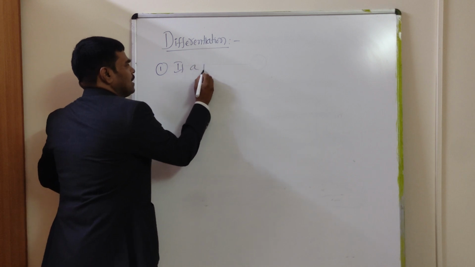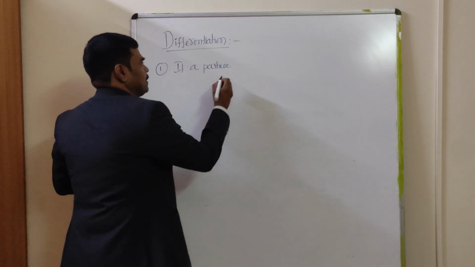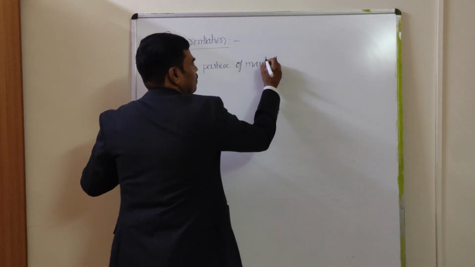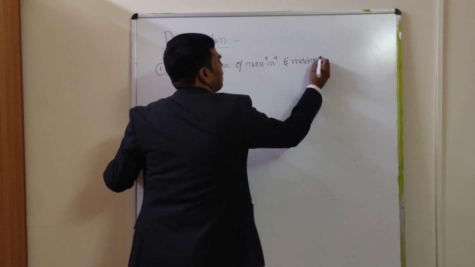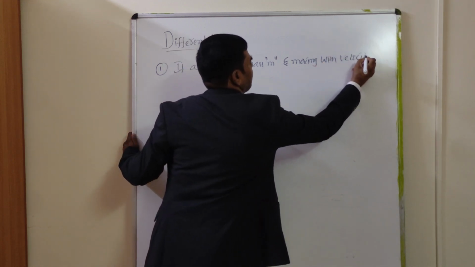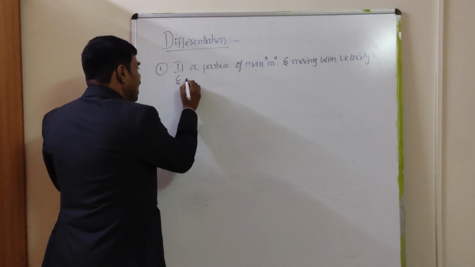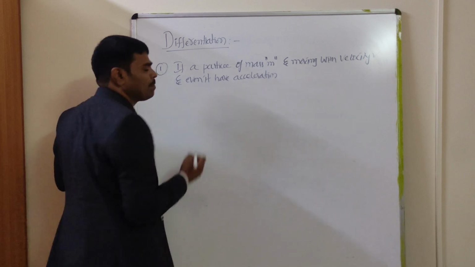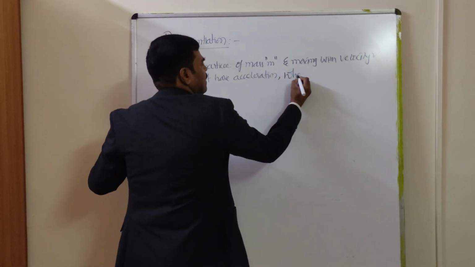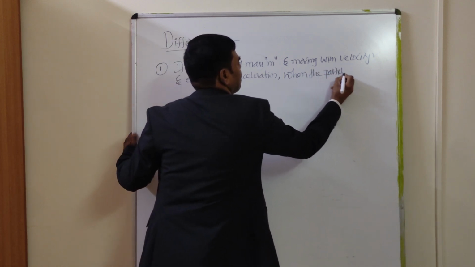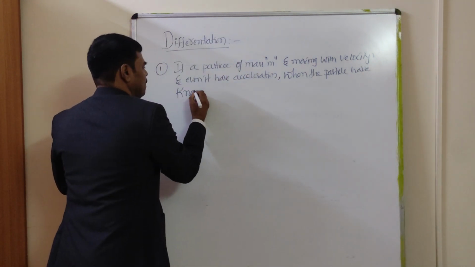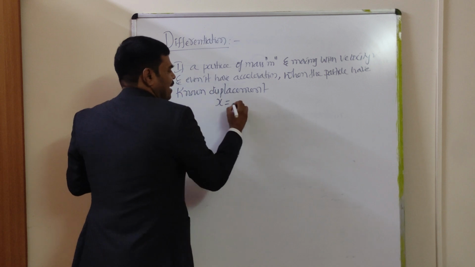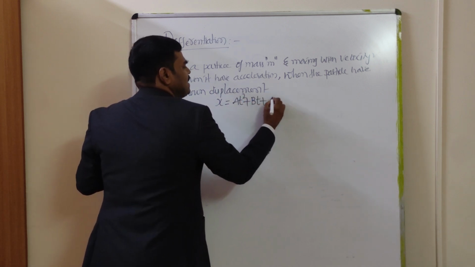If a particle of mass m is moving with velocity v, and it even has acceleration, when the particle has a known displacement like x equal to a t square plus bt plus c.